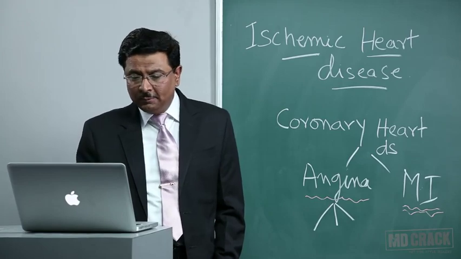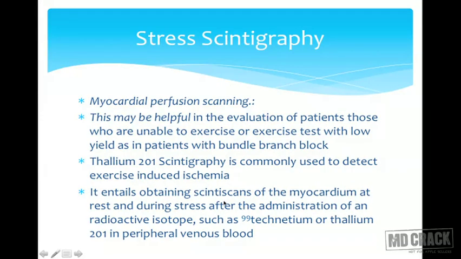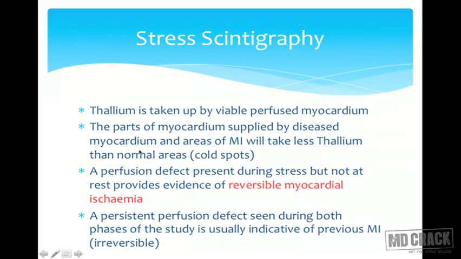How come? Let's see. It entails obtaining scinti scans of the myocardium at rest and during stress after the administration of a radioactive isotope such as technetium-99 or thallium-201 in peripheral venous blood. Thallium is taken up by viable perfused myocardium.